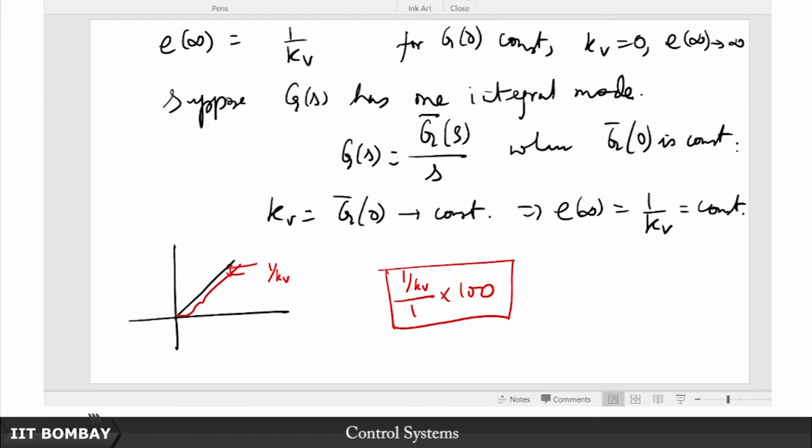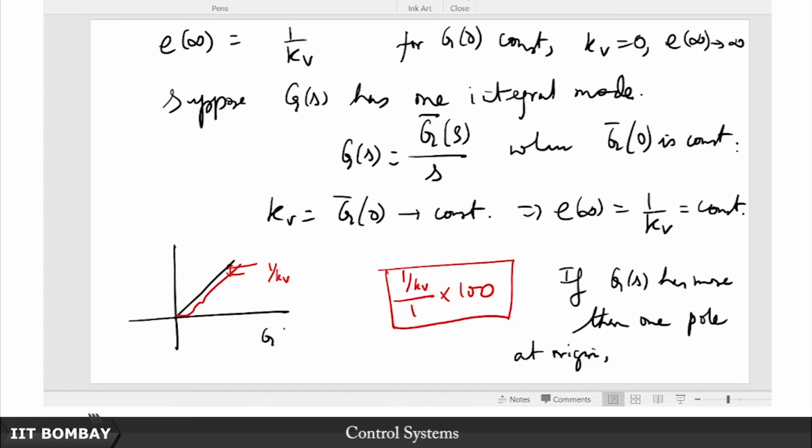Now, notice if G of S has more than one pole at origin, then what happens? Then we might be able to write G of S is equal to G bar of S upon S to the K, where G bar of 0 is constant. Now, notice what happens.